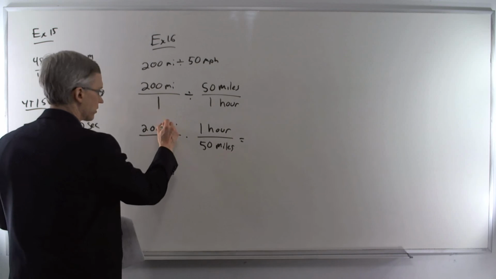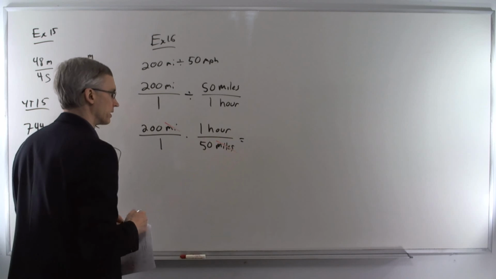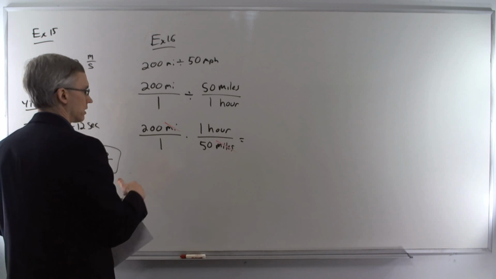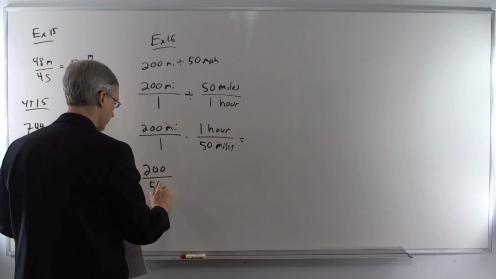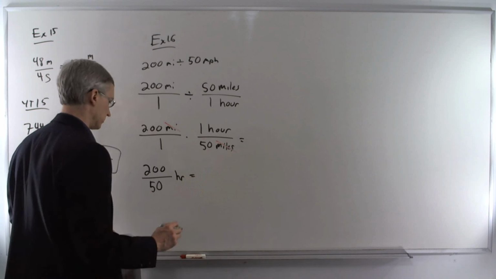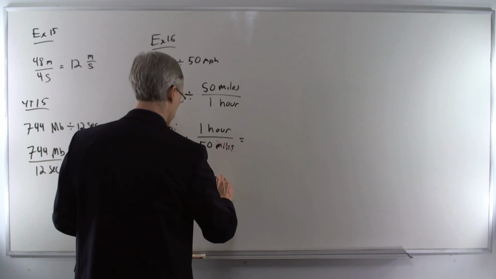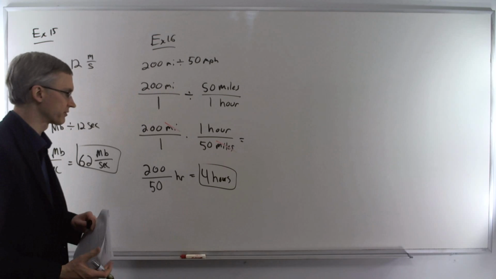So we're going to cancel those. And the units we have left is hours. All right, so this is going to be 200 divided by 50 hours. And that's 4 hours.